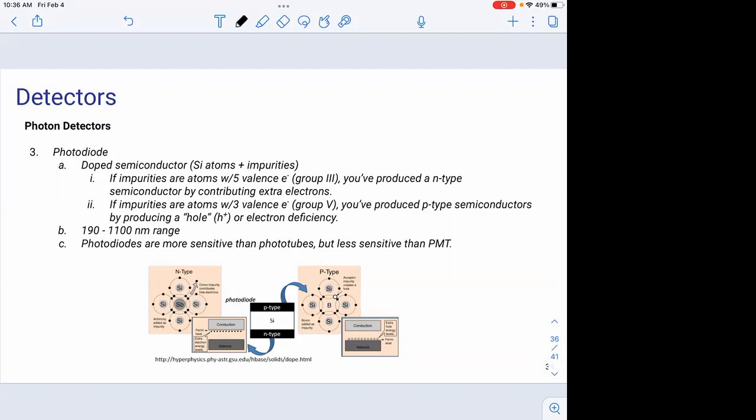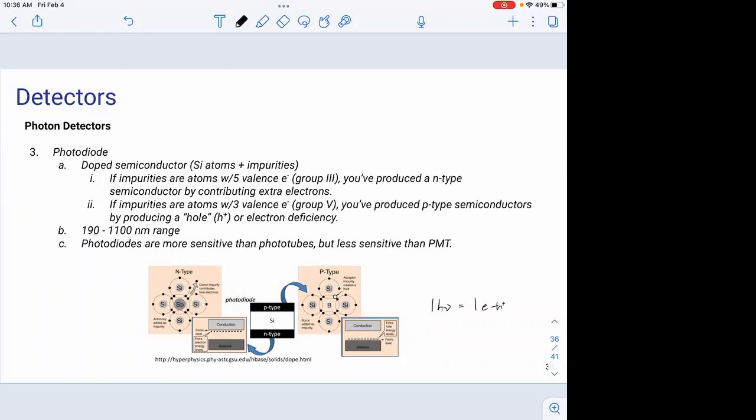So basically the idea is that photons will produce electron hole pairs that will sweep through your device to produce a current or a voltage, depending on the bias that you're holding that junction at. And so the idea is that one incident photon gives one electron hole pair that can sweep through that silicon device.